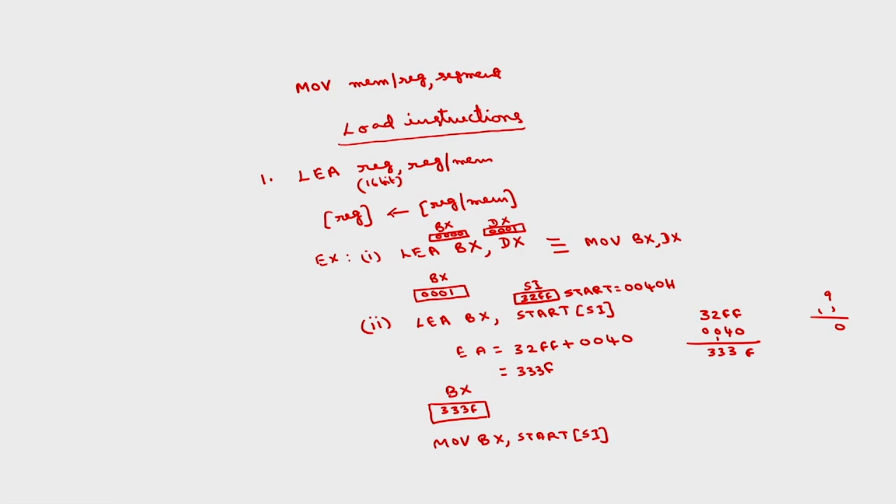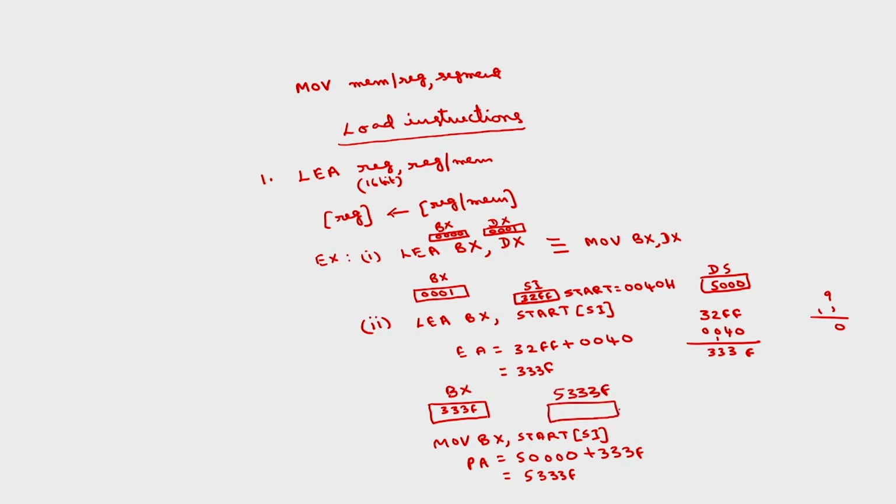This is the effective address, and if I assume that the data segment is 5000, the physical address will be 50000 plus 333F, so this will be 5333F.